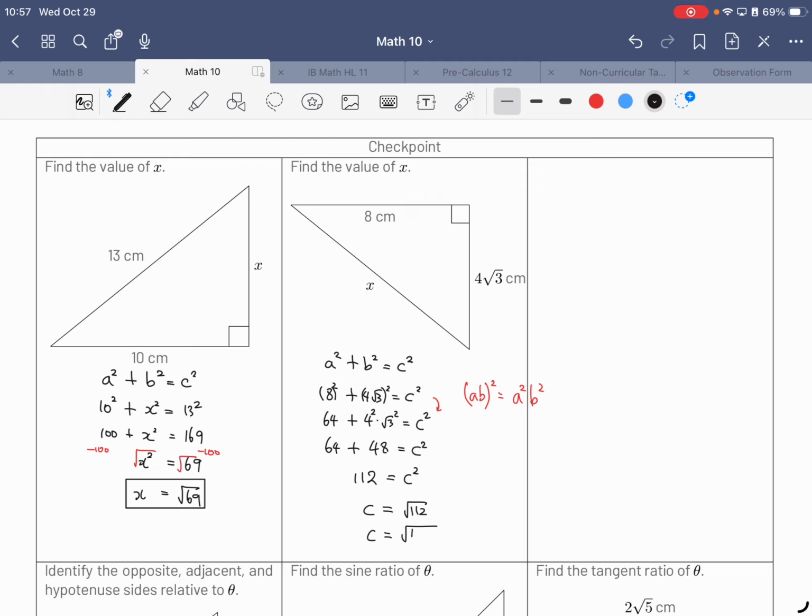So that's 16 times 7, so that's 4 square root 7. I will accept both answers. So either c is square root of 112 or c is 4 square root 7. Either is fine. Sorry, centimeters. I forgot centimeters in both cases. My bad on that.